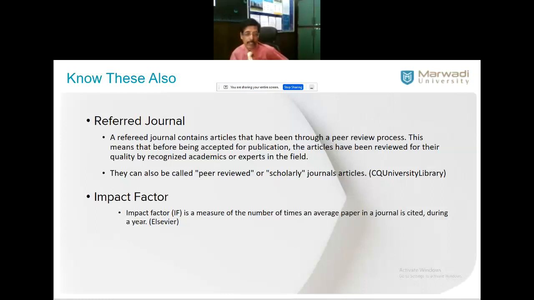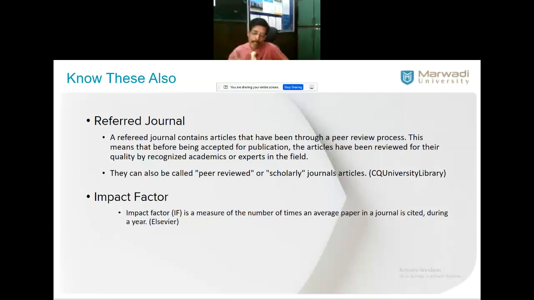Refereed journal, as per the definition I found from CQ University Library, contains articles that have been through a peer review process. So if it's a refereed journal, maybe Springer or IEEE, they have a process of double-blinded peer review. It is sent to 2 or more reviewers. Blinded means they don't know each other, right?